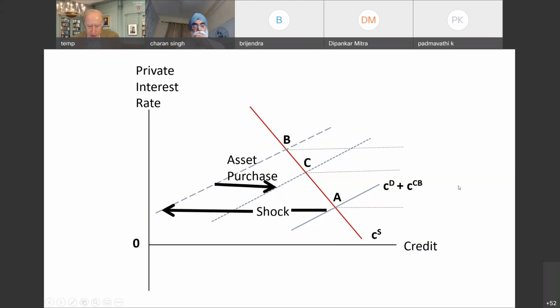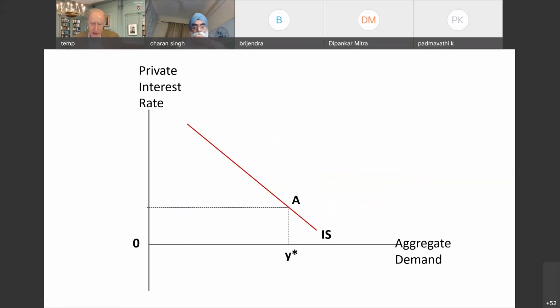And if we think of that action as being transmitted to the non-financial economy, here's a standard IS curve in which the initial equilibrium of aggregate demand was at point A, the shock moved it to B, and the central bank action improved the situation back to C.